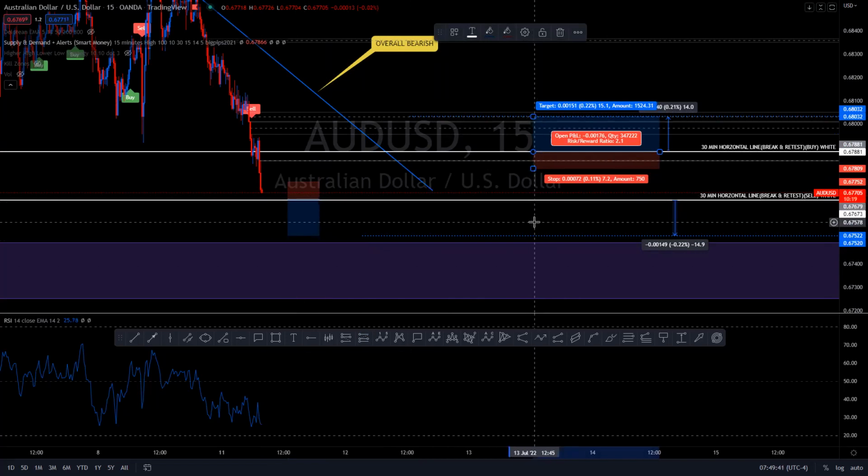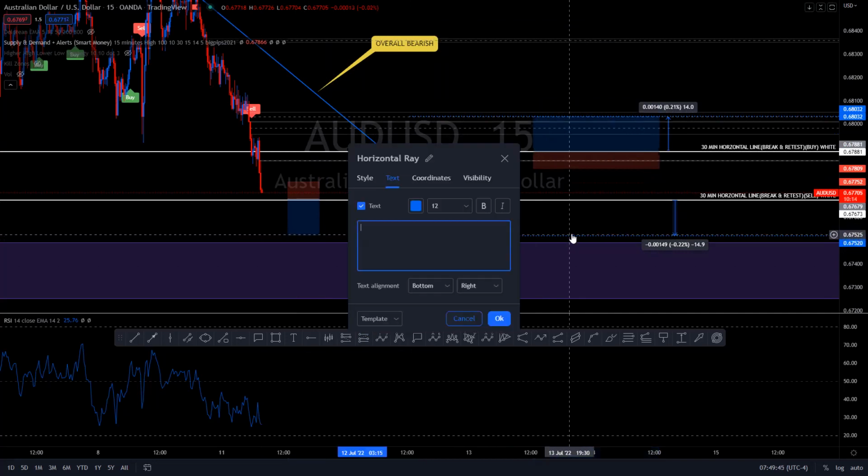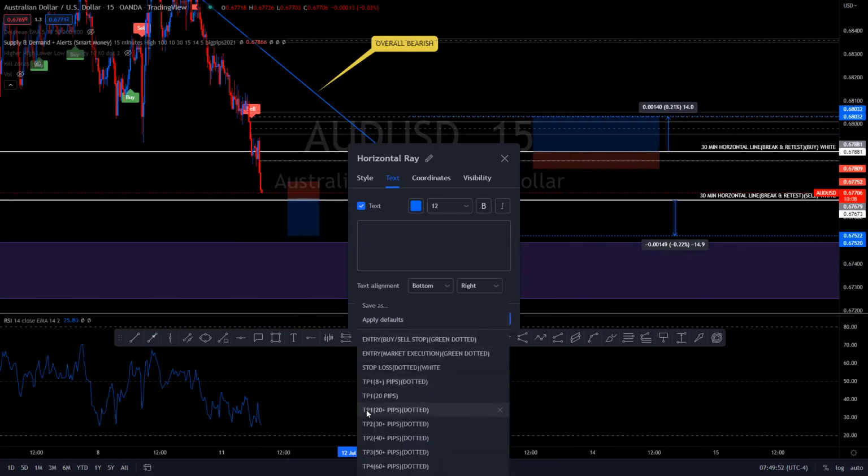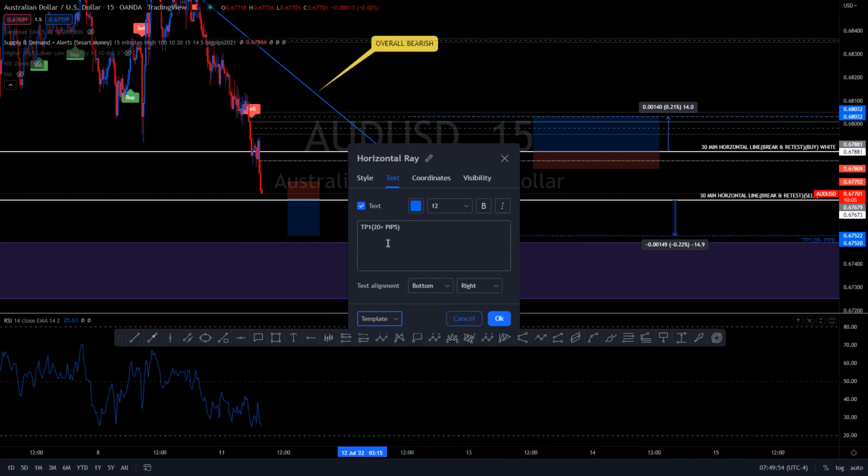So then at this point, this is where I would set my take profits. So say TP1, 14 pips.